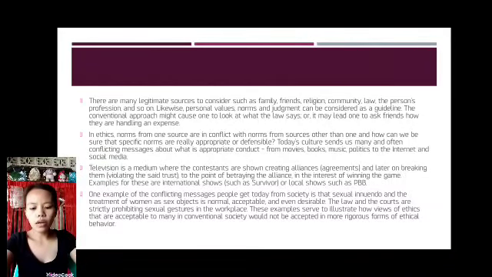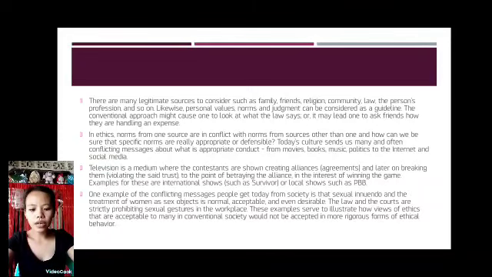Television is a medium where contestants are shown creating alliances and agreements, and later on breaking them, violating or betraying the alliance in the interest of winning the game. Examples of this are international shows such as Survivor and local shows such as PBB.